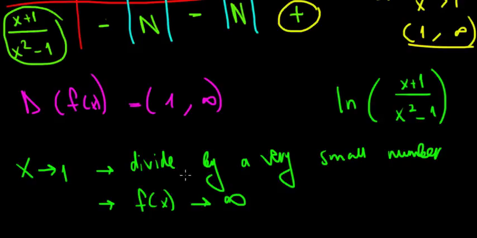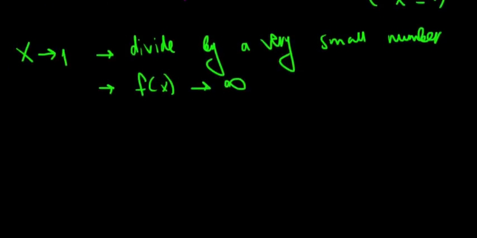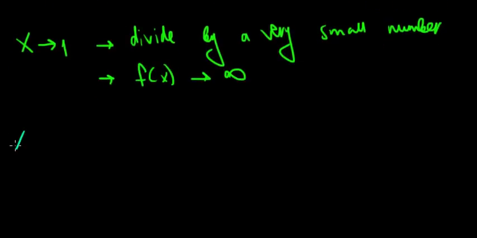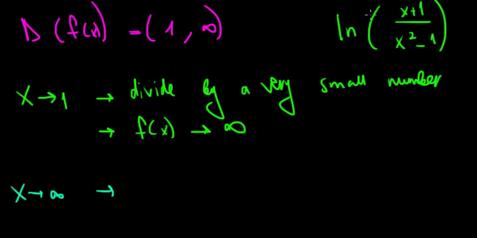What's the second case? In the second case, we can take values up to infinity in our domain. So if x goes towards infinity, if x becomes really large, well, we have in our numerator x plus 1, so let's say x is 1000, 1000 plus 1, that's 1001, divided by 1000 squared minus 1.